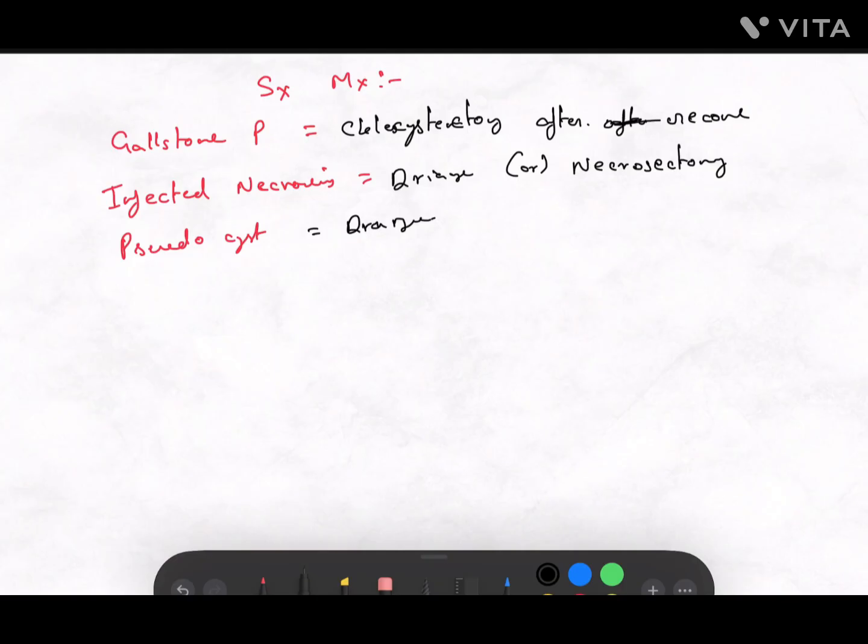If infected, or if more than 6 centimeters, then we have to do drainage. If it's persisting, we have to drain. Okay. Next, operative procedures: the current gold standard is percutaneous drainage and/or endoscopic drainage, or minimally invasive necrosectomy, or open necrosectomy only if it's required.